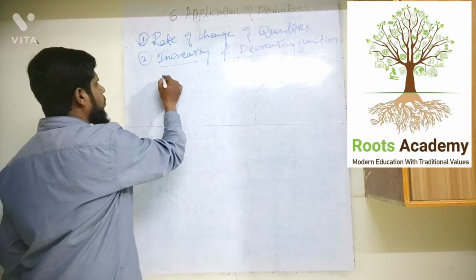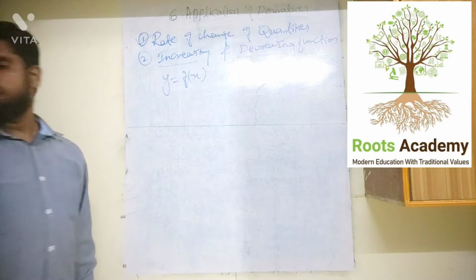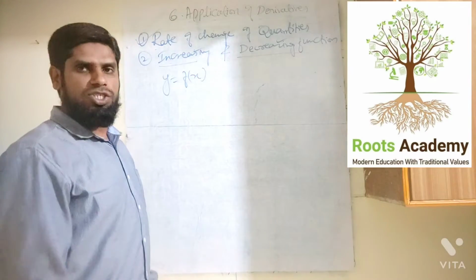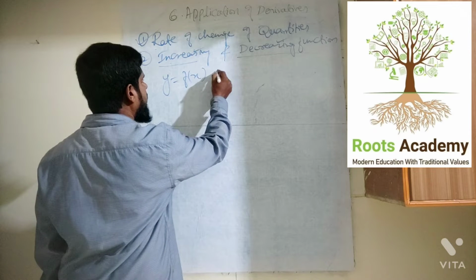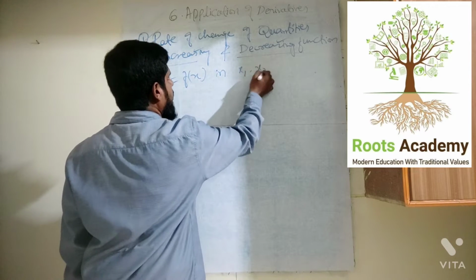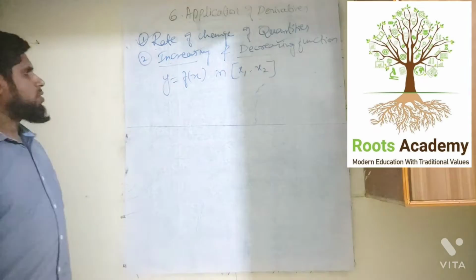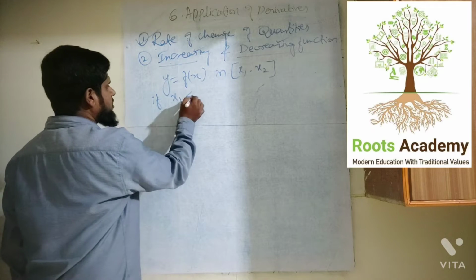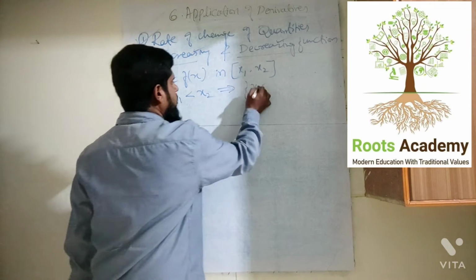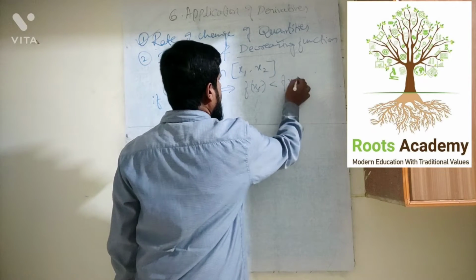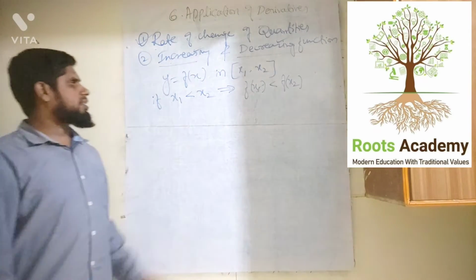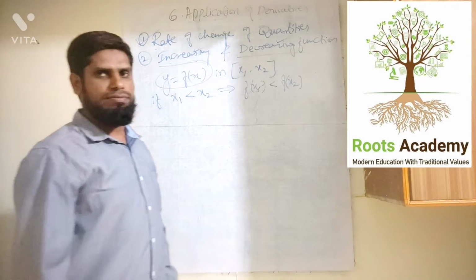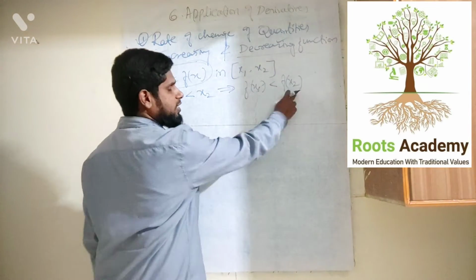If I have any function y equals f of x, defined in an interval x1 comma x2, then if the condition is x1 is less than x2 implies f of x1 is less than f of x2, in this case we will declare that the given function is a strictly increasing function, because I said it is strictly less than.